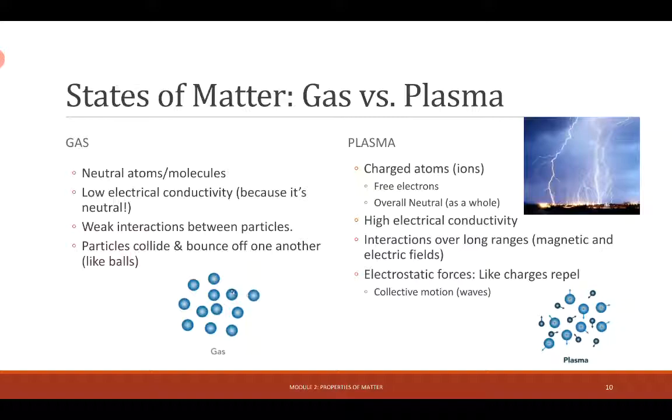Now, the differences between being something that's neutral and something that's charged creates a lot of other differences. For instance, to conduct electricity, you need charges. Electricity is the movement of electrons, and so since it's charged and you have these free electrons, it will conduct electricity.